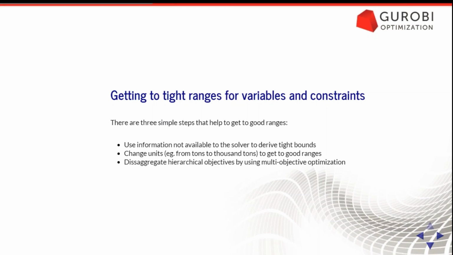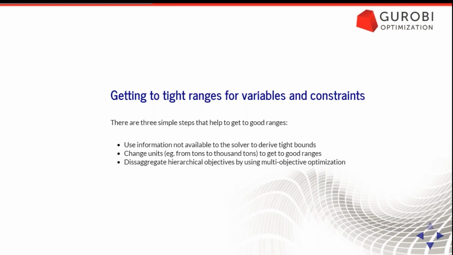After that, change units from tons to thousands of tons, let's say, or from dollars to thousands of dollars. All the time, try to choose the proper units so that the range of constraints and variables is not too large, hopefully not beyond 10 to the 4.